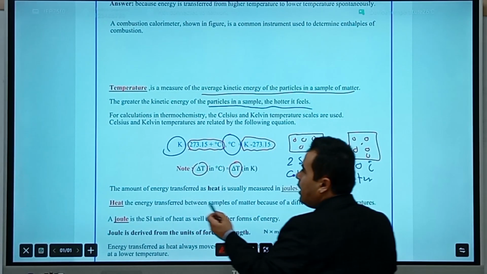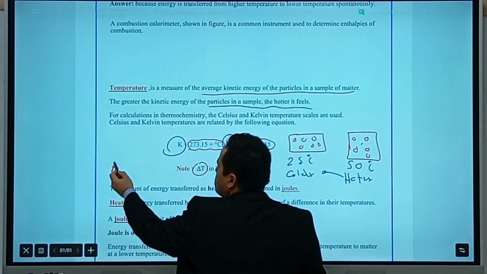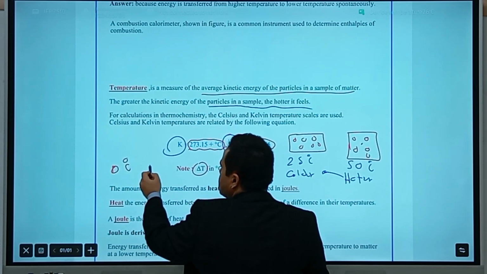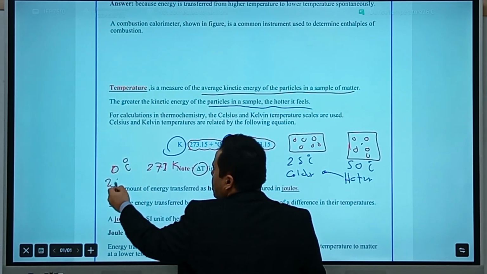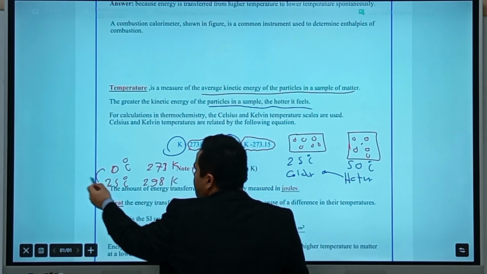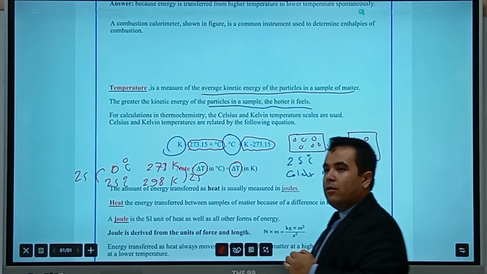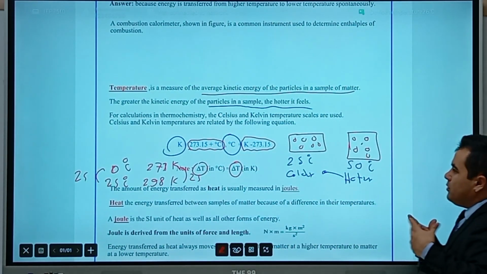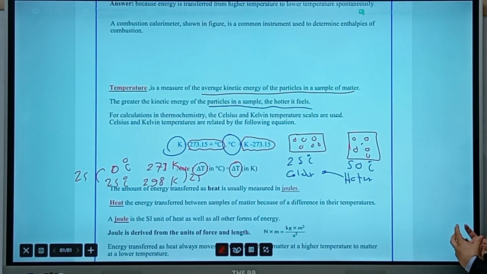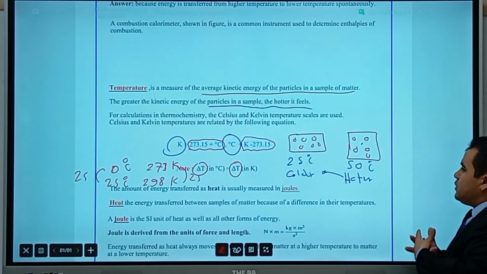Because 0 Celsius is 273 Kelvin, and 25 Celsius is 298 Kelvin. This difference is 25, and this difference is 25 as well. So the change in temperature, delta T, in Celsius and Kelvin is equal.